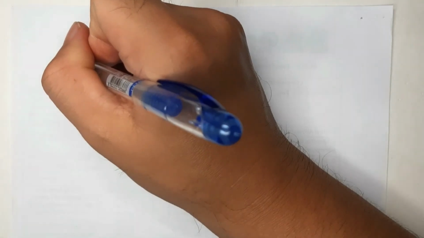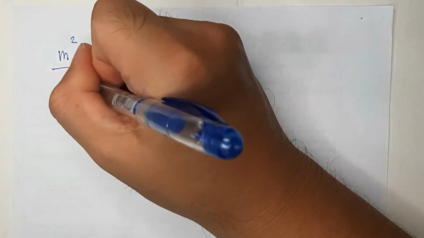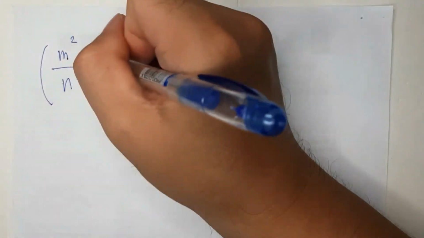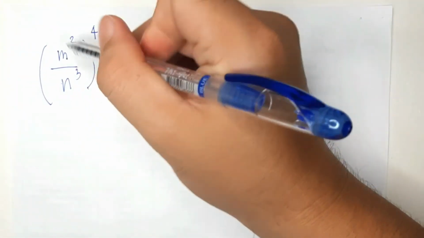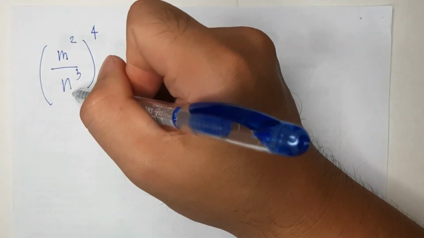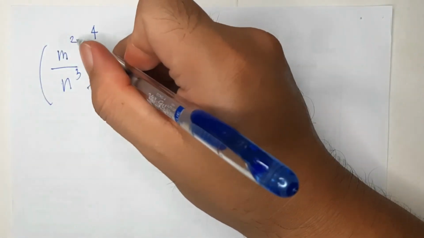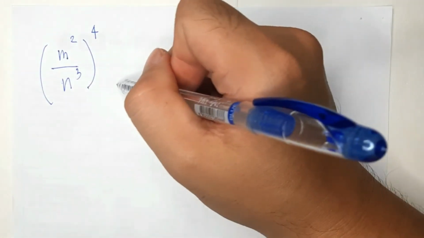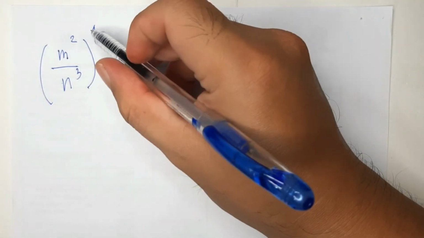As for our last example, we have the quantity of m squared divided by n cubed raised to the 4th power. We can simply distribute this first.